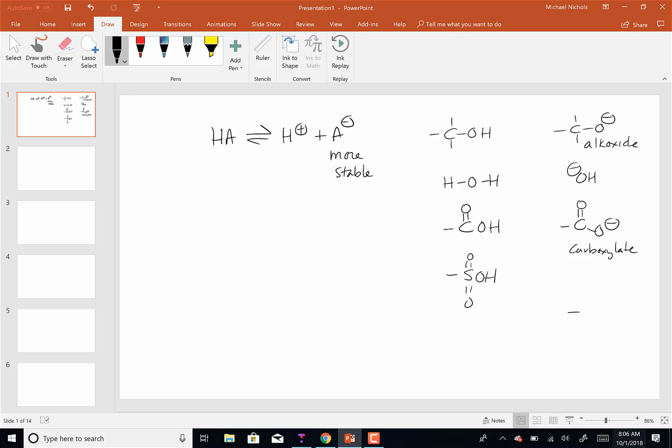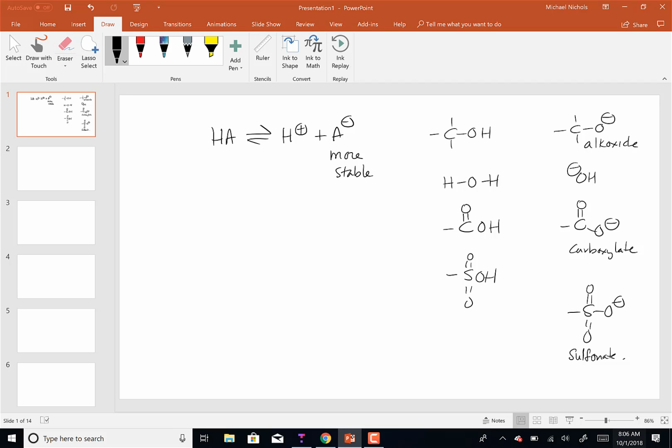And then I'm also going to think about this, which is called a sulfonate. So our rule here is that the most stable conjugate base is going to provide the most acidic acid.